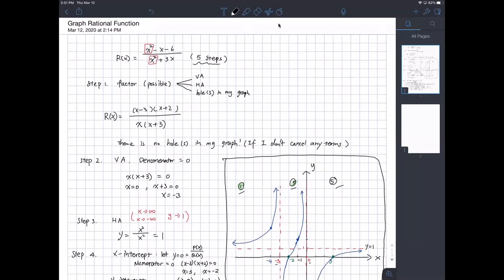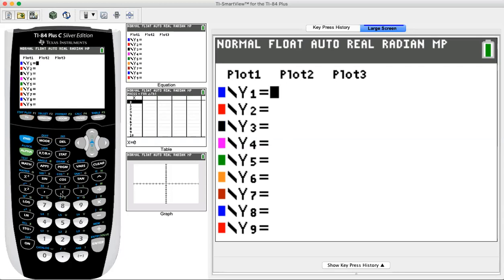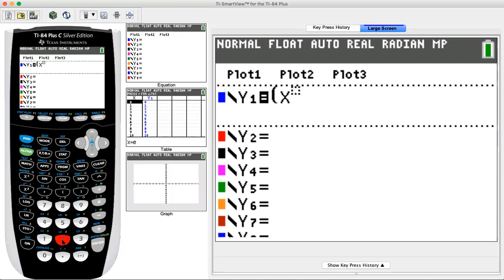So if you go to calculator, okay, so let's look at it here. You go to y equal right here, and now you put your information there. So it will be x squared minus x minus 6, and then divided by x squared.